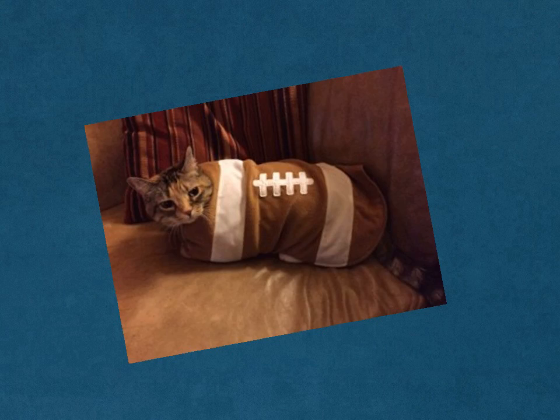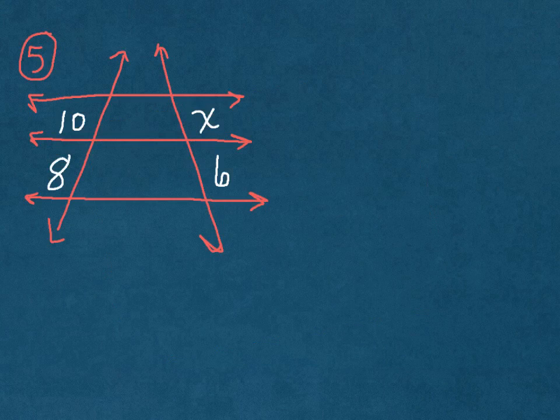So the next thing, last but not least, we got two more examples about parallel lines. When you have all these parallel lines and transversals, they create, again, proportional parts. This hopefully should be pretty easy for you. What you want to do is set up a proportion. You can almost set it up exactly as is.